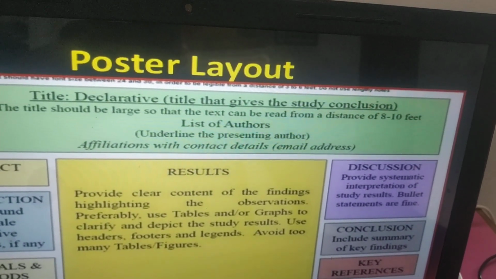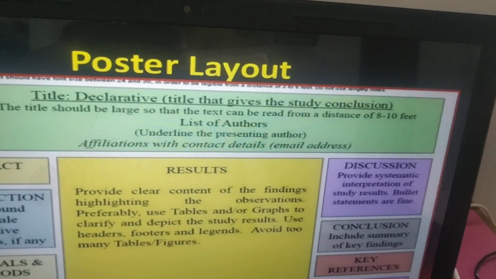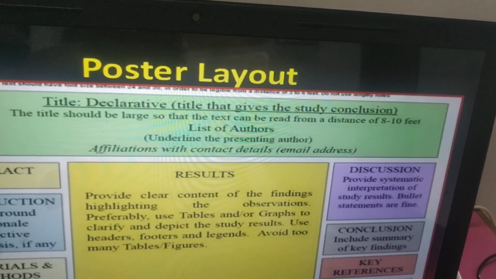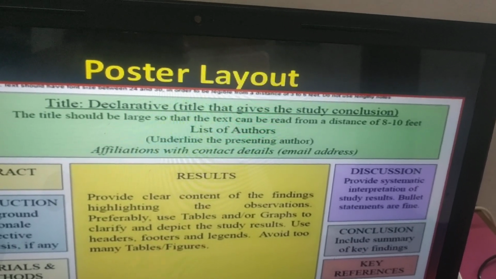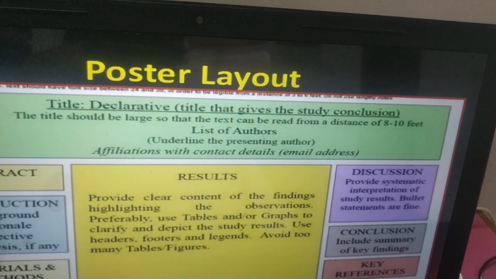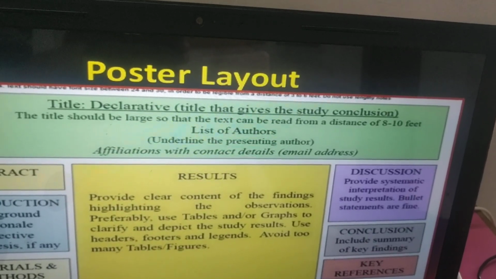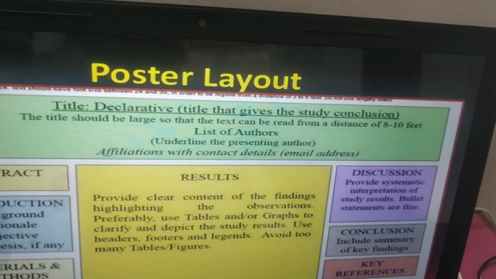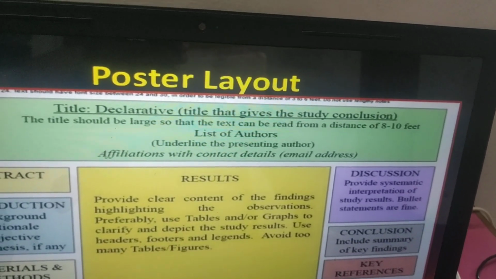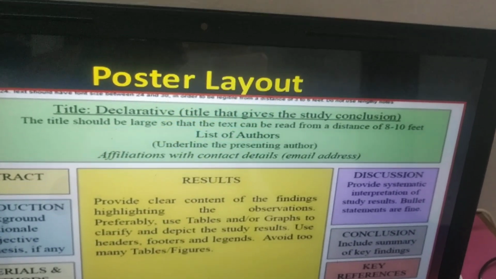Then below that you have to give the list of the authors. Suppose you are going to present the poster, your name should be first and it should be underlined, followed by your colleagues.